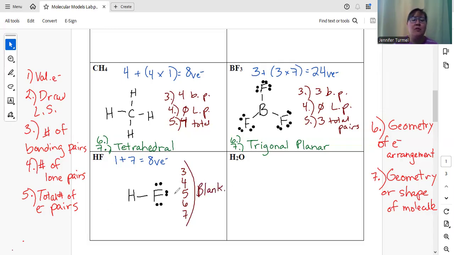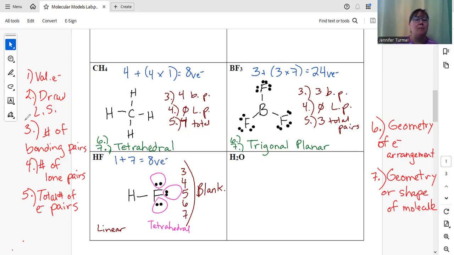Sometimes people will say, well, this molecule is obviously linear. And you could say that because, if you look at fluorine, we have these three lone pairs here. So you can see, well, fluorine is tetrahedral. You can kind of do that if you want to, but because we don't have a center atom, it doesn't make nearly as much sense. So we're just not going to do anything for that one.